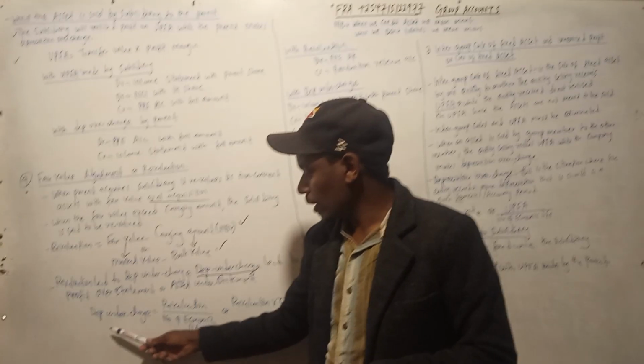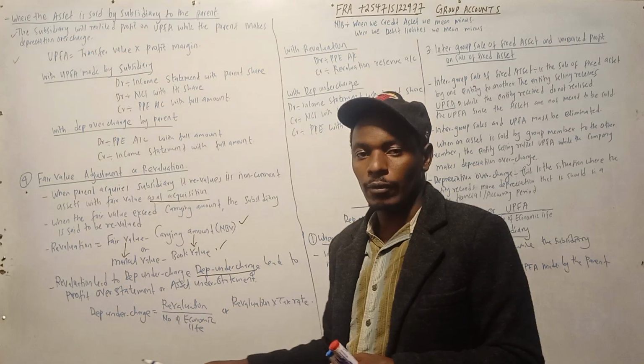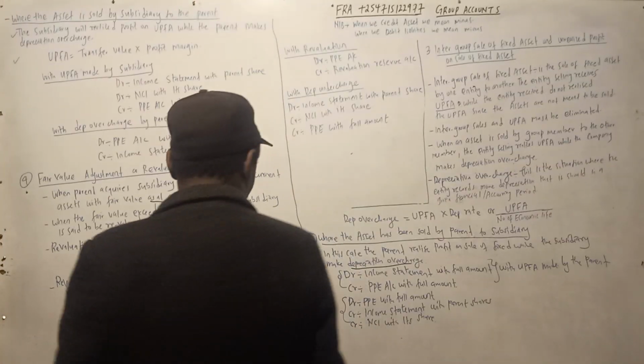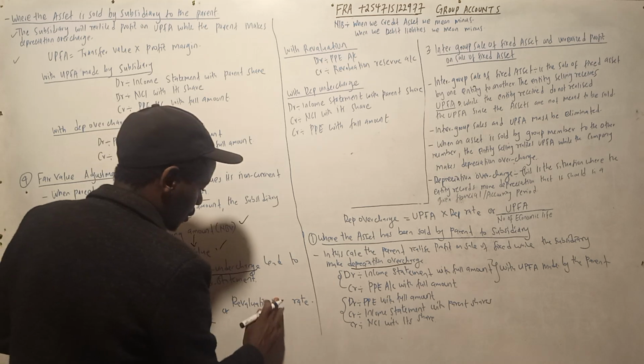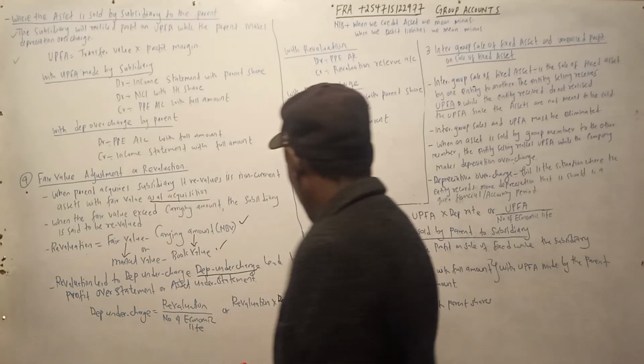The depreciation undercharge is equal to the revaluation divided by the useful life, or the revaluation multiplied by the depreciation rate. That is the formula.